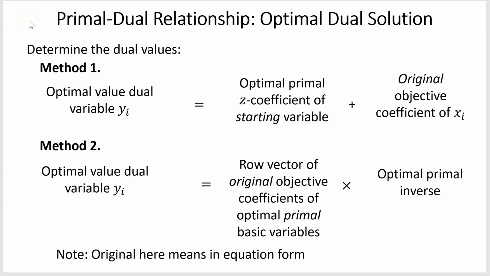So this is the formula for how to find the optimal dual solution. You have the optimal primal solution, and you want to find the optimal dual solution. There are two methods; you can use either one.